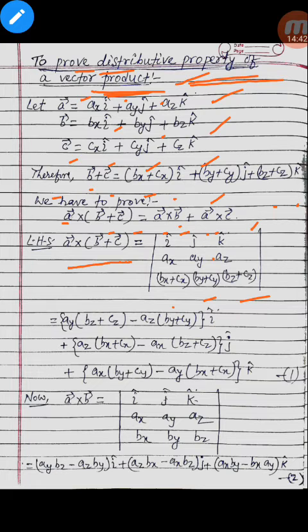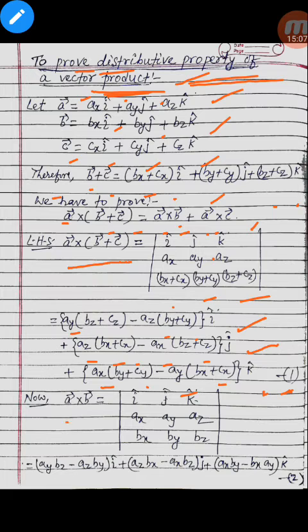On solving we get (ay (bz plus cz) minus az (by plus cy)) i plus (az (bx plus cx) minus ax (bz plus cz)) j plus (ax (by plus cy) minus ay (bx plus cx)) k. This is equation 1.